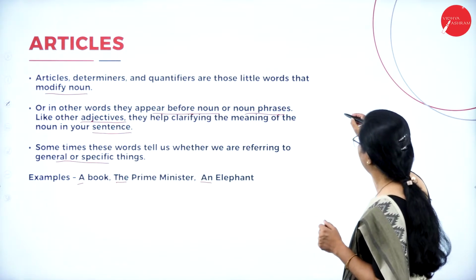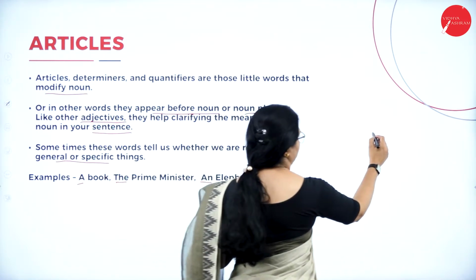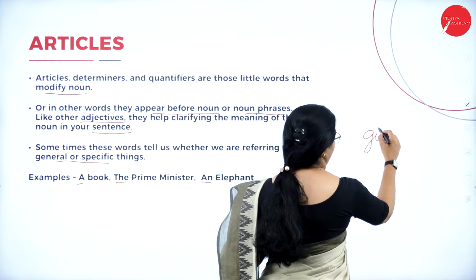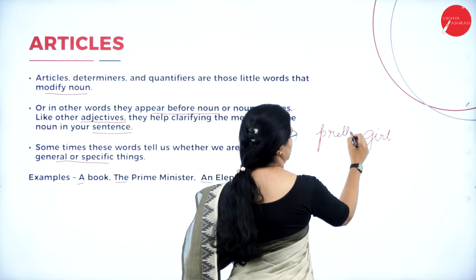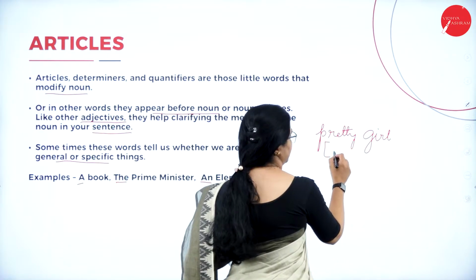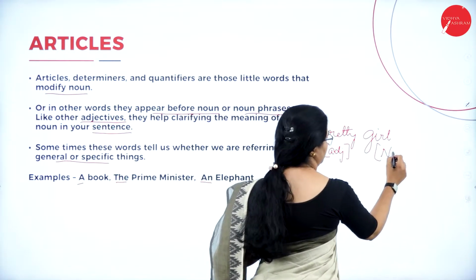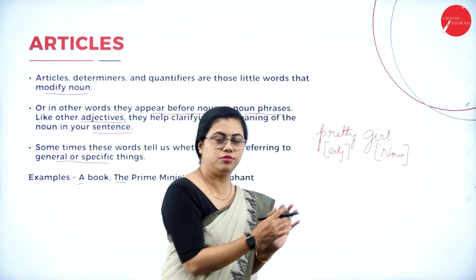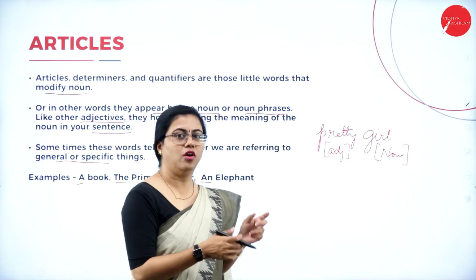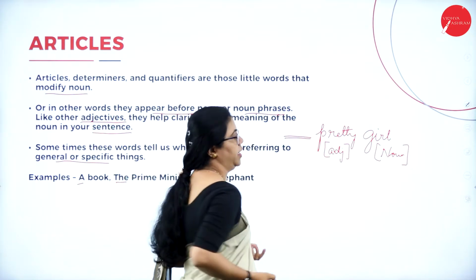Suppose I use the words pretty girl. Here girl is a noun, and pretty is an adjective. In this situation, if you are using any article or any determiner for that matter, you have to use it before the adjective.